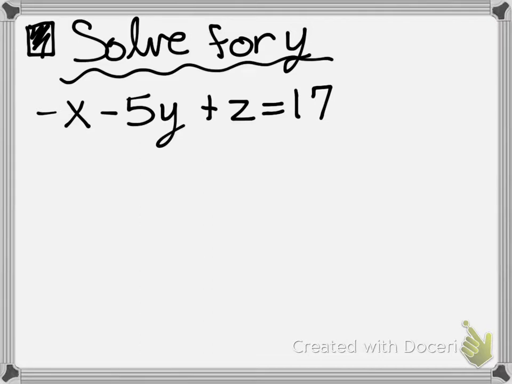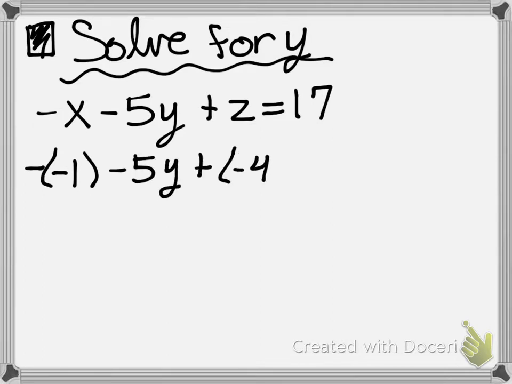This was the first equation from the original question with 3 variables. So I'm going to substitute. We found that x was -1 and that z was -4.